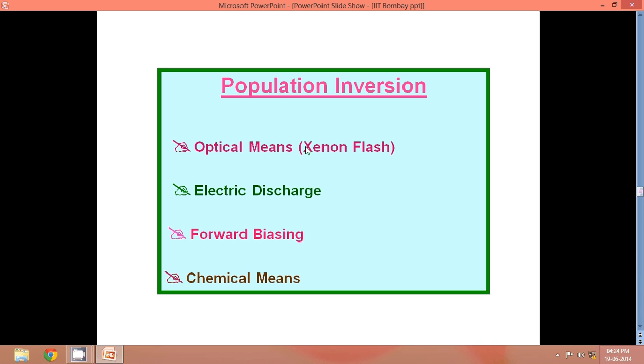So to achieve population inversion, we use pumping mechanisms. This pumping can be done by using optical means, electric discharge, forward biasing, or by chemical means.